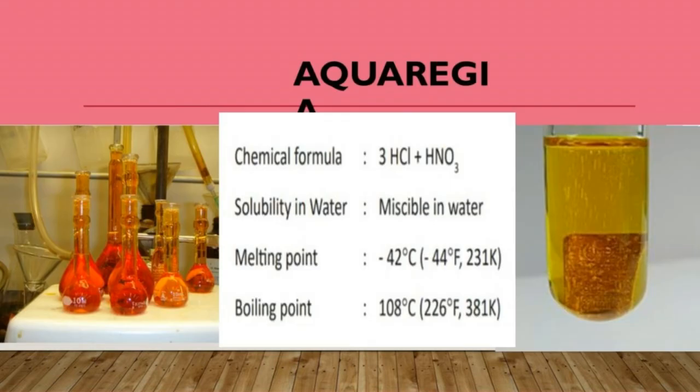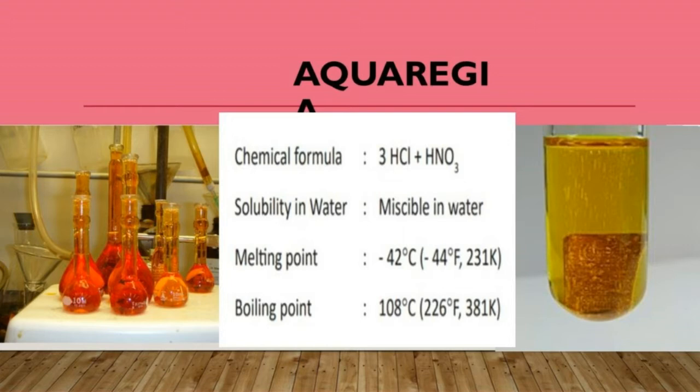Aqua regia. We know that metals like gold and silver do not react with hydrochloric acid, but this mixture will dissolve gold. That means we are using it in our day-to-day life.